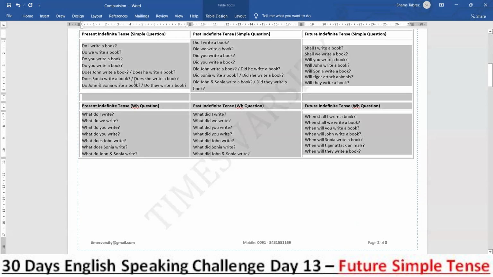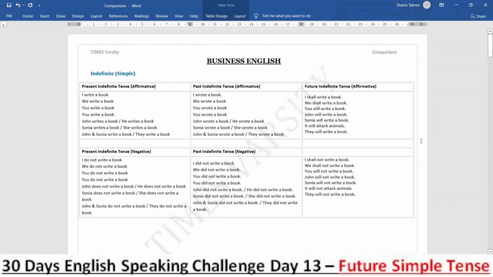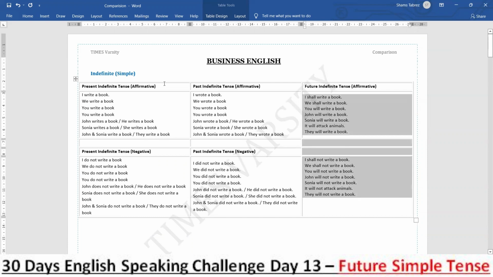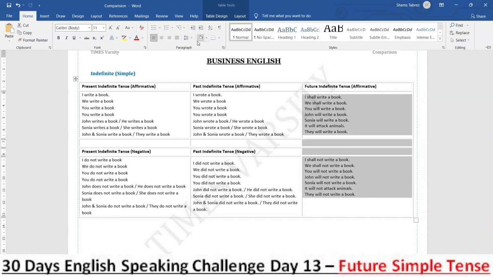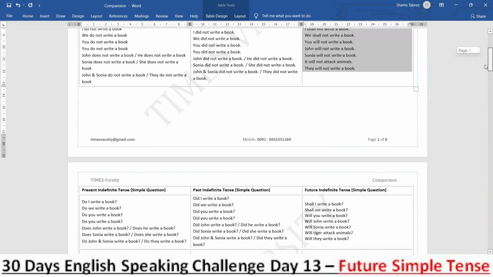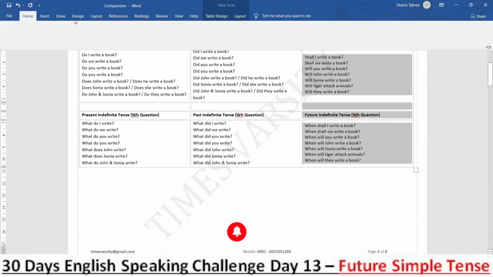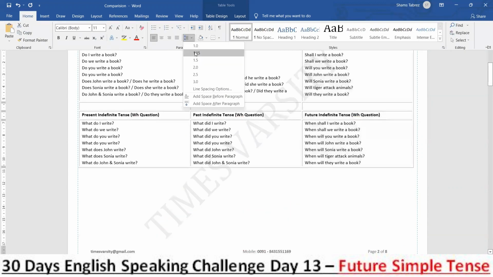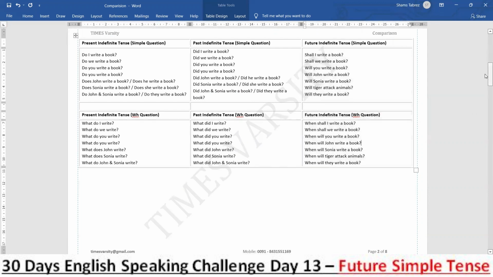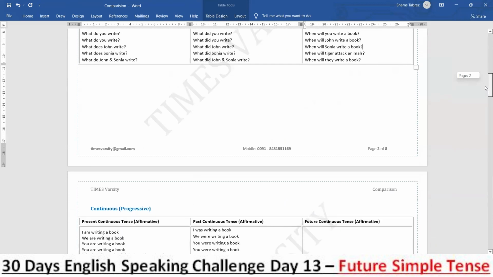So the rule remains the same, only the helping verbs are different, and from there the meanings change. So this is what we need to take care of while framing our sentences. We would like to express past, present, or future. Accordingly, we need to select our helping verb and which form of the verb must be used.